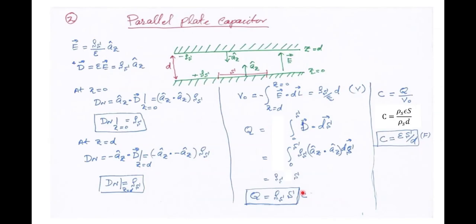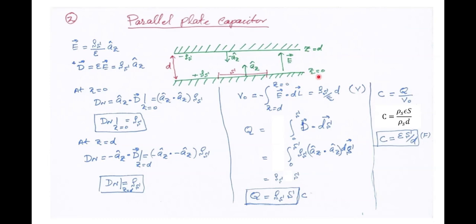Let us first consider the parallel plate capacitor. This capacitor consists of two conducting plates separated by a small distance d, such that d is much smaller than the dimensions of the conductor surface area.